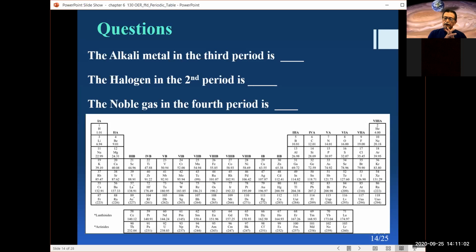The alkali metal in the third period. Okay, third period. So we go through the third period, and then remember what are called alkali metals, and we find that that is sodium. Okay, a halogen, which is in group 7 in the second period, and that would be fluorine.